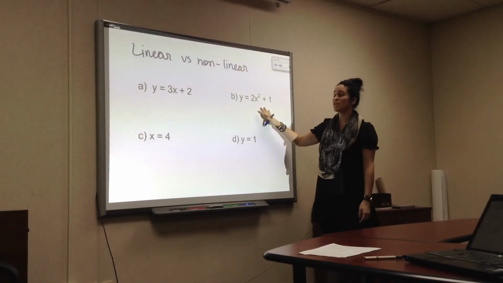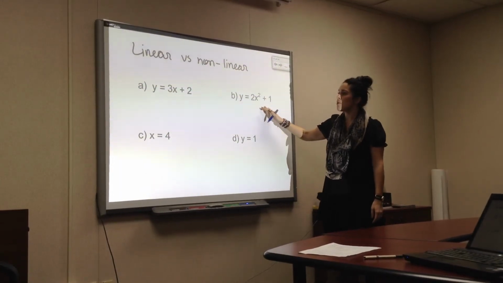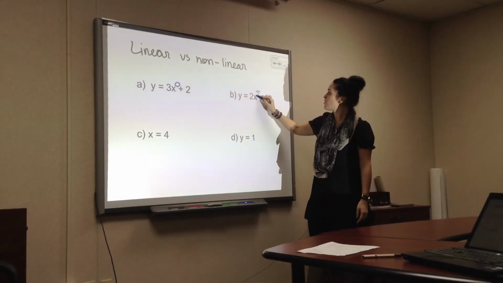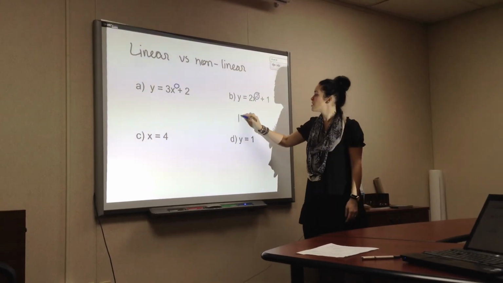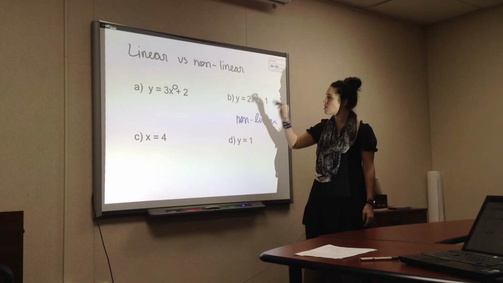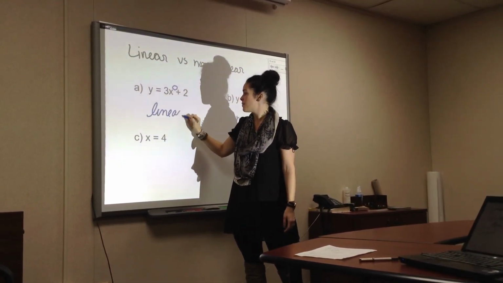If you would have done the coordinates for this one, you would have realized it was not a straight line. Basically, what we tell you is to look at the exponent, and if it is bigger than 1, it is nonlinear. So this would be a quadratic equation. So this would be nonlinear just because of that 2. Okay, the minute there's an exponent 2, this one has an exponent of 1, so this would be linear.